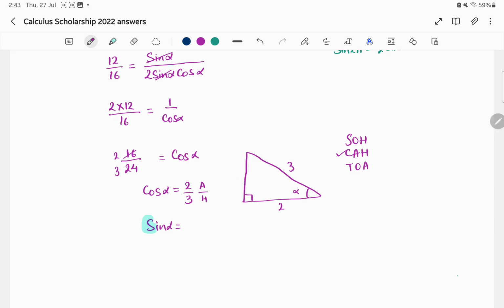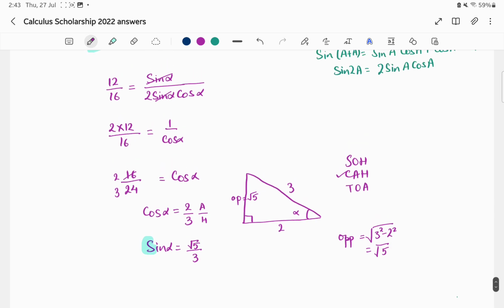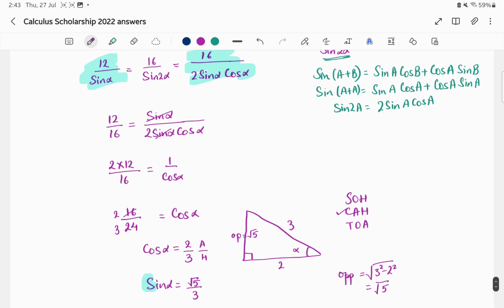So this opposite is equal to square root of 3 squared minus 2 squared, which is square root 5. So from here, I can say that sine alpha is equal to opposite over hypotenuse. All right, I have not rounded anything. I'm keeping the exact numbers. So now I have got sine alpha and I have got cos alpha.